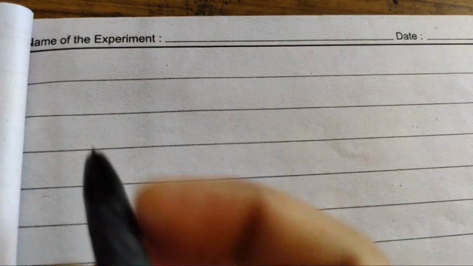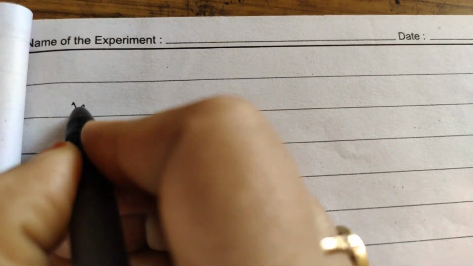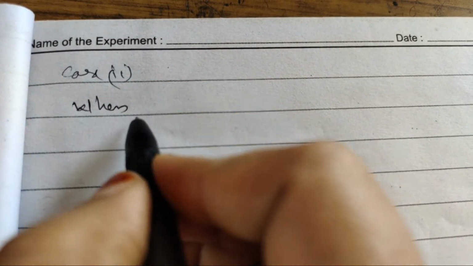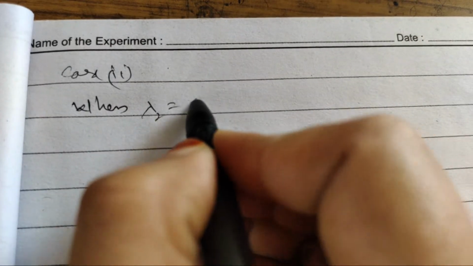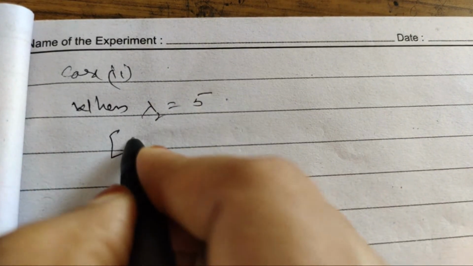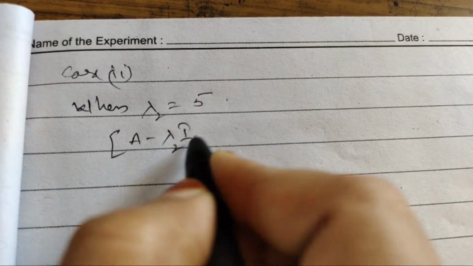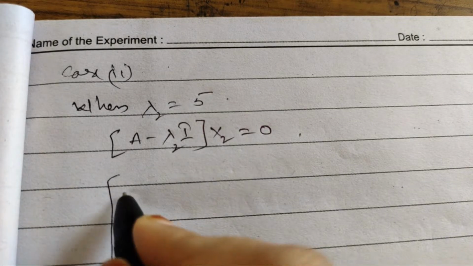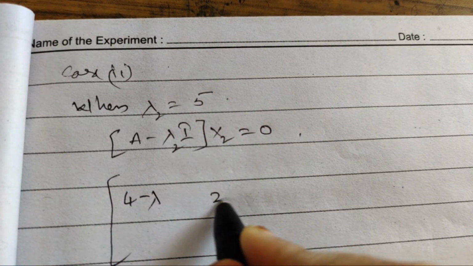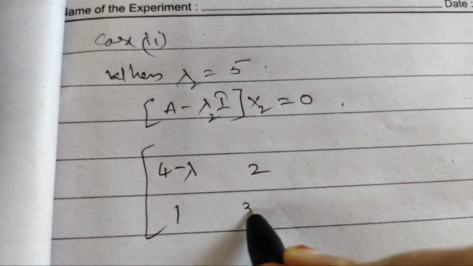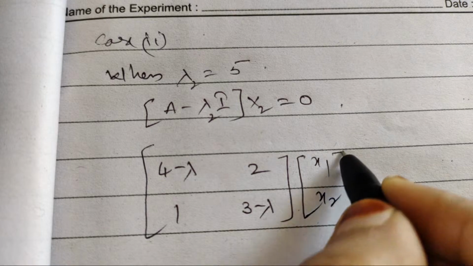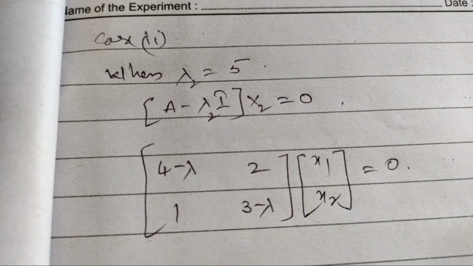Now in a similar way we have to find it for lambda equal to 5. For the next case, case 2, when lambda 2 equals 5, matrix A minus lambda I into x equals 0. So 4 minus lambda, 2, 1, 3 minus lambda, into x1 x2 equals 0.